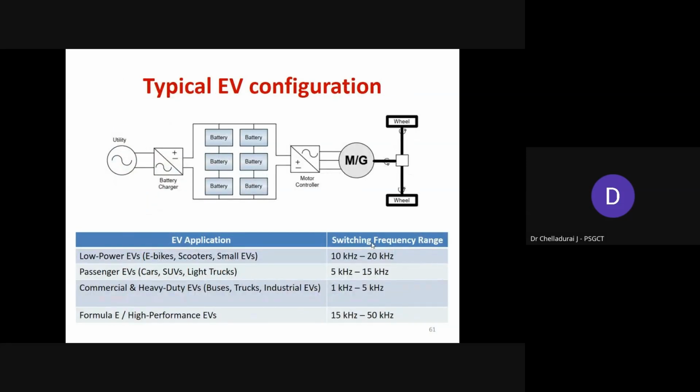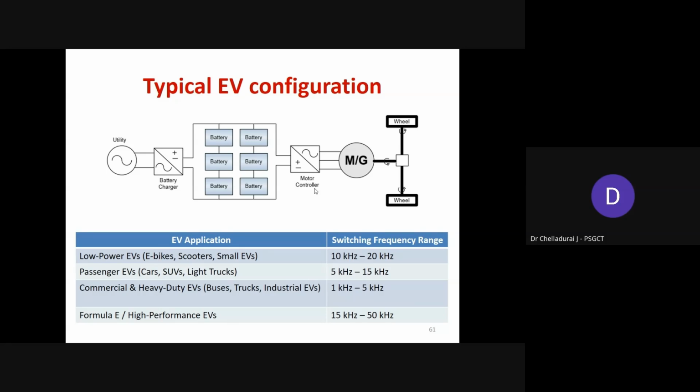Then EV application, and again in EV application, the voltage source inverter will play a major role. Each and every topology, finally, we can control by using voltage source converters. There are three parameters that can be easily controlled. One is voltage magnitude, second is voltage frequency, and third, if required, voltage phase angle.